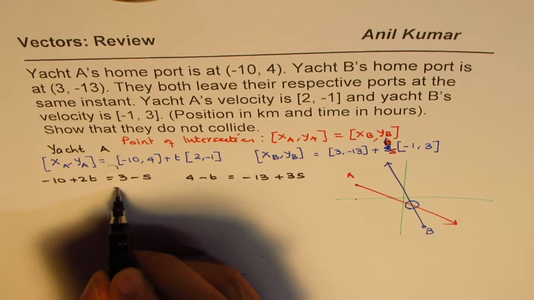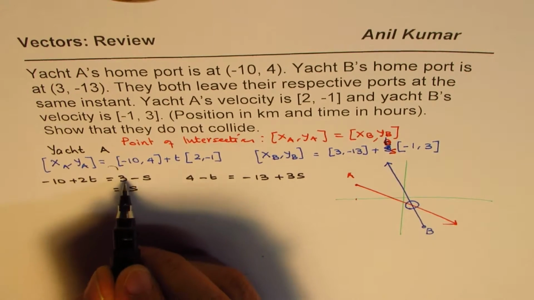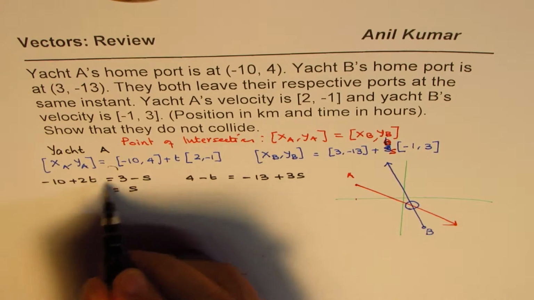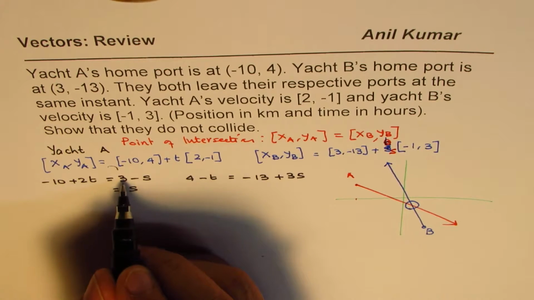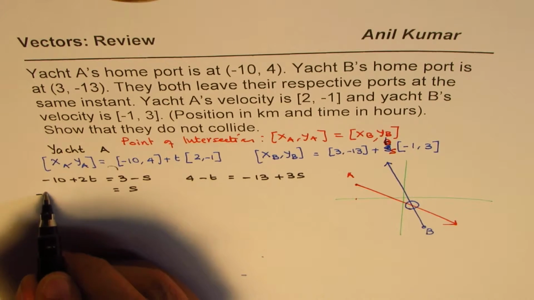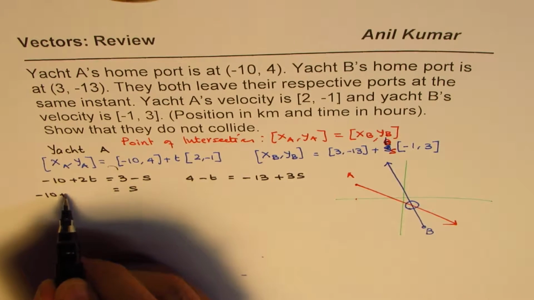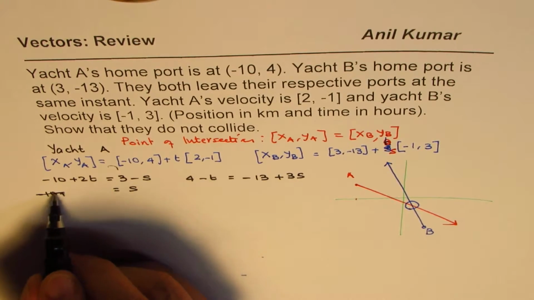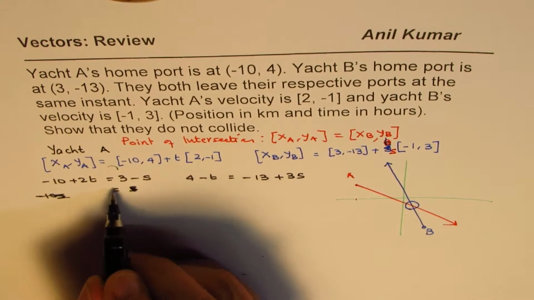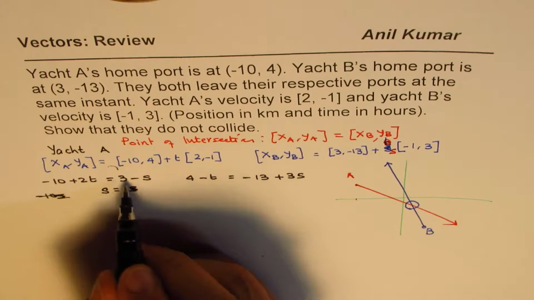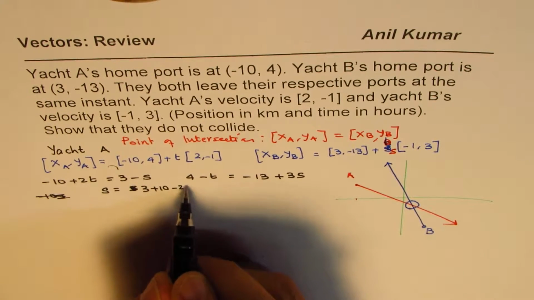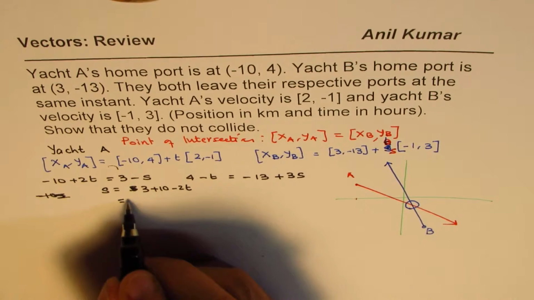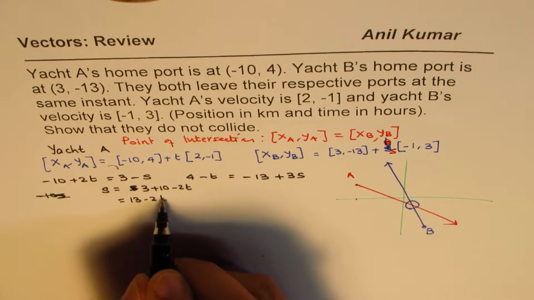Bringing 3 to this side, and bringing S to this side, we get 3 plus 10 minus 2t, so that is equal to 13 minus 2t.